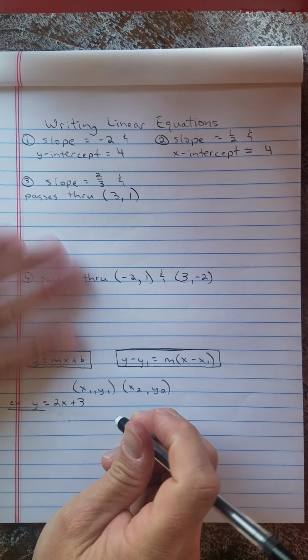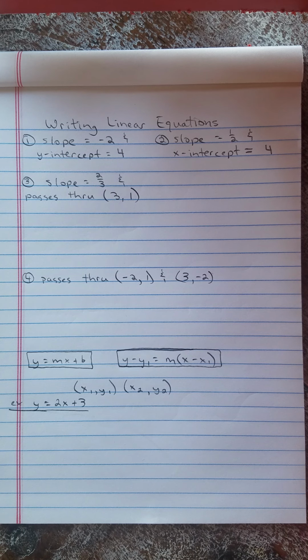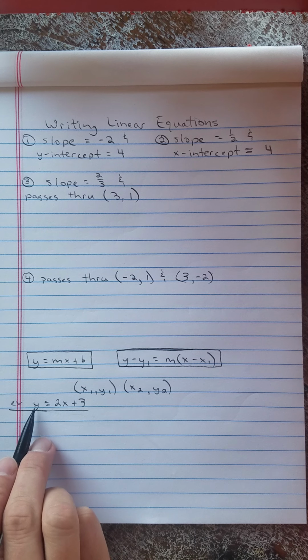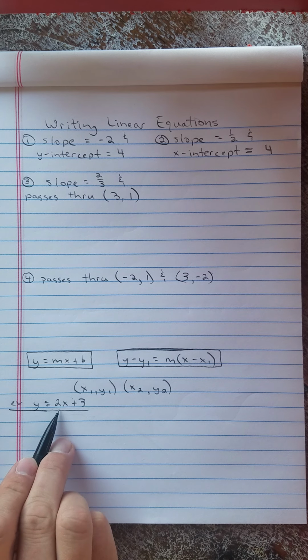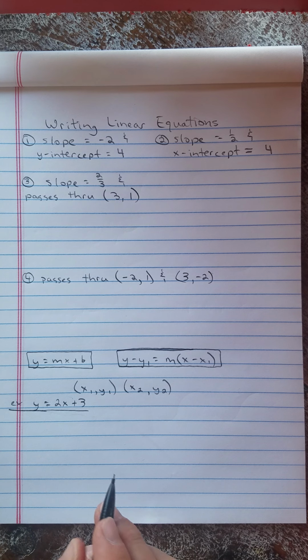That's what our answers need to look like on the quiz. They have to have a y, they have to have an x, and they go in this order: the letter y, then the equal sign, then the x term, and then the constant, the number all by itself at the very end, okay?